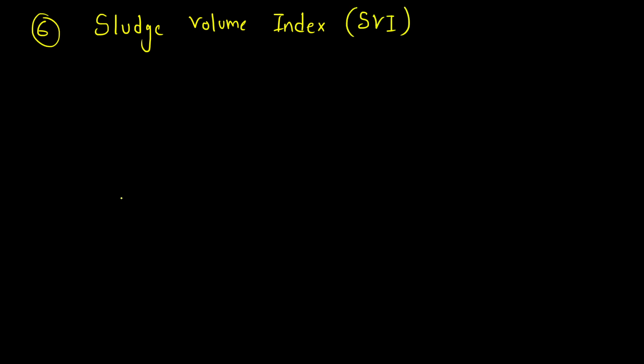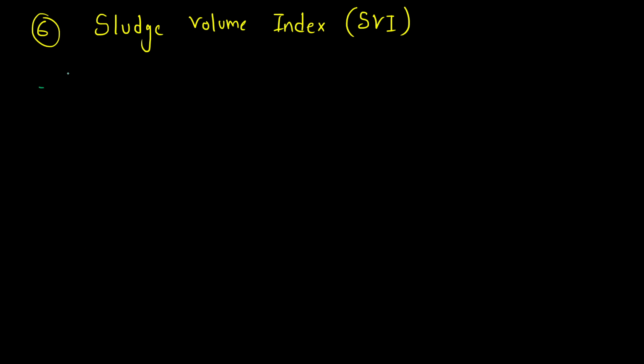Now the last thing that we are going to see here after this aeration period is super important in this chapter, and questions can be asked from this. This is called sludge volume index, in short SVI. Very important. Okay, so just write it down initially.